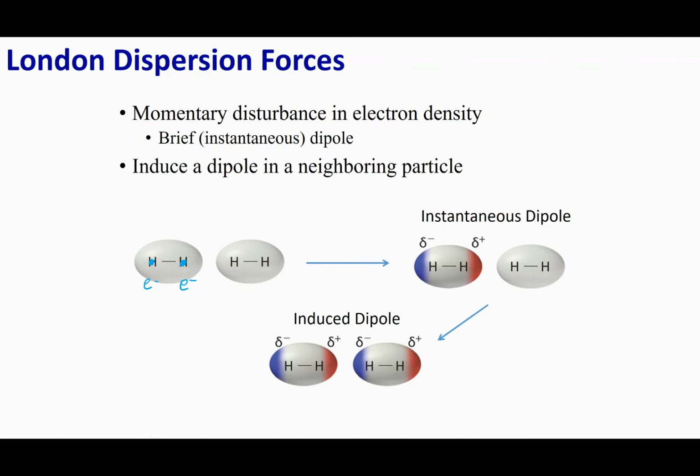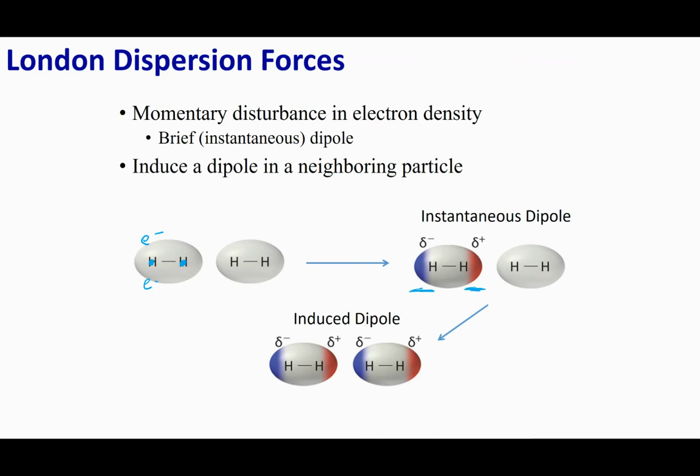But again, that's the most probable arrangement of these electrons. There's a small probability that those 2 electrons will be on the same side of that molecule. If that happens, one side of the molecule is going to be negatively charged, and the other side of the molecule is going to be positively charged.